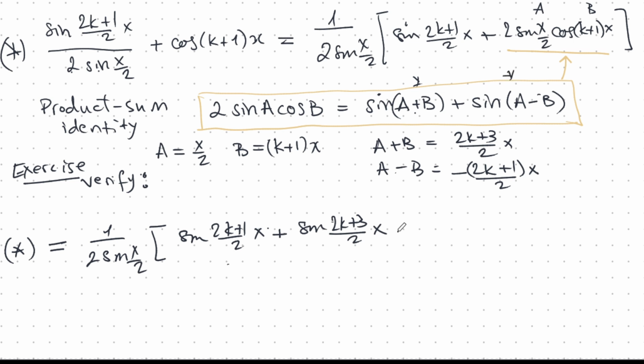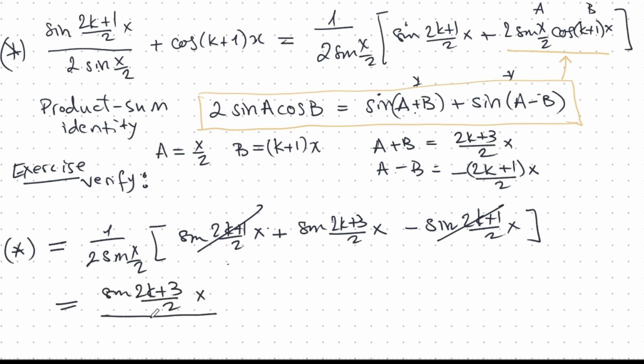And now this one, I can take the minus out because sine is an odd function, (2k+1)x/2. And look at this beautiful magic. This cancels with this. Beautiful. And I get sin((2k+3)x/2) over 2 sin(x/2).